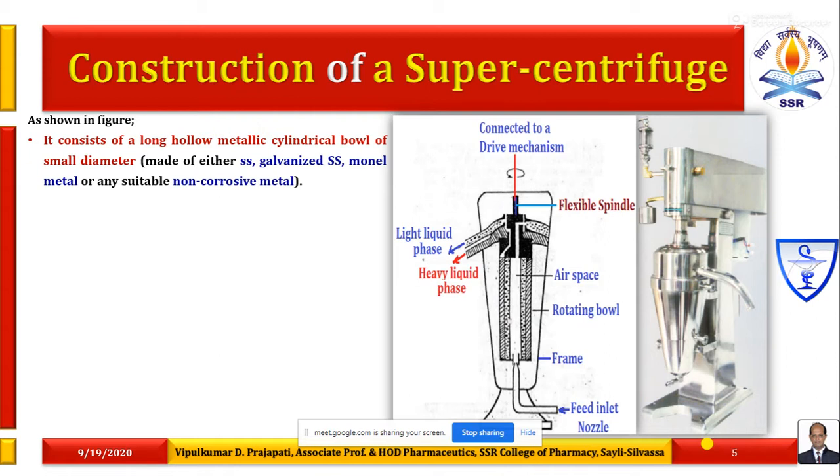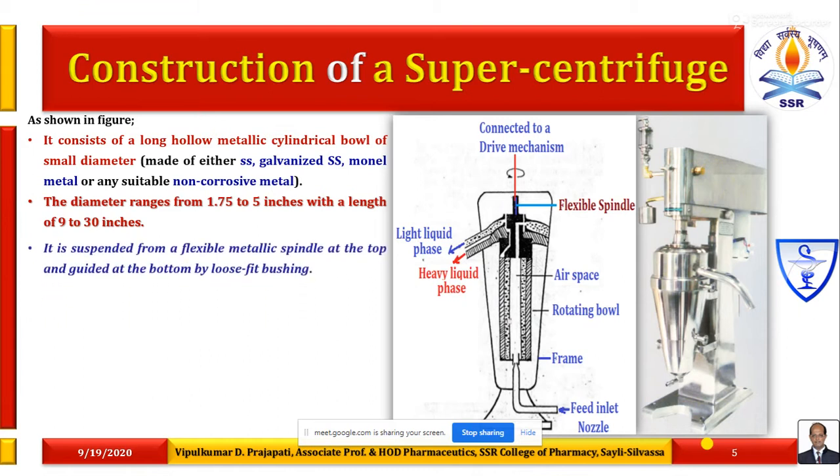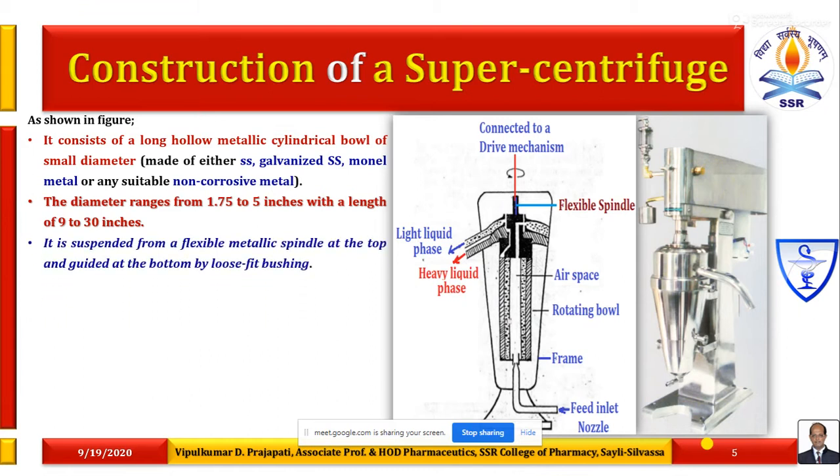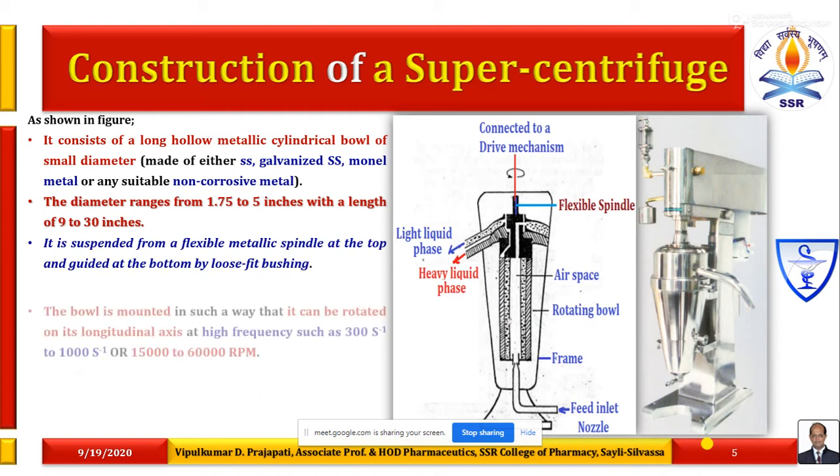The diameter ranges from 1.75 to 5 inches with a length of 9 to 30 inches. It is suspended from a flexible metallic spindle at the top, and it is guided at the bottom by a loose fit bushing.